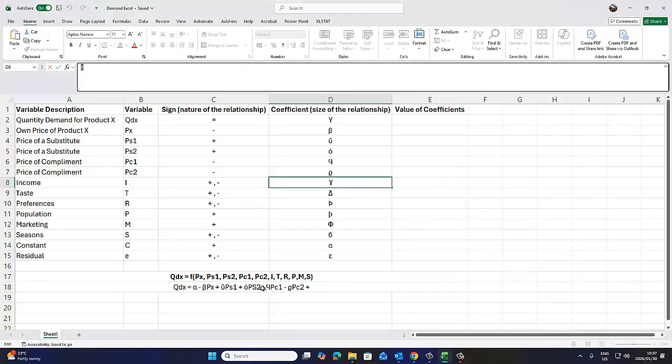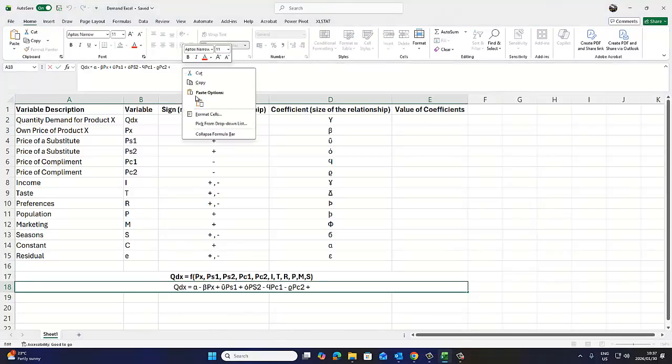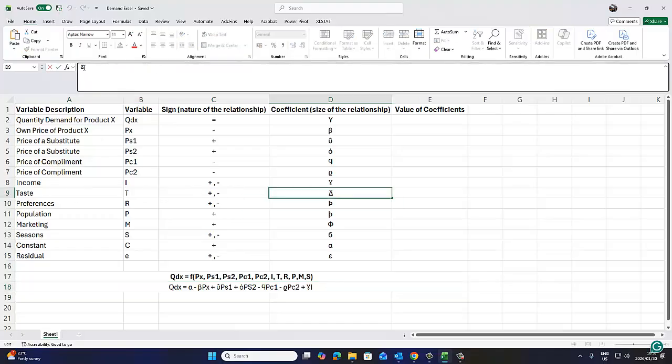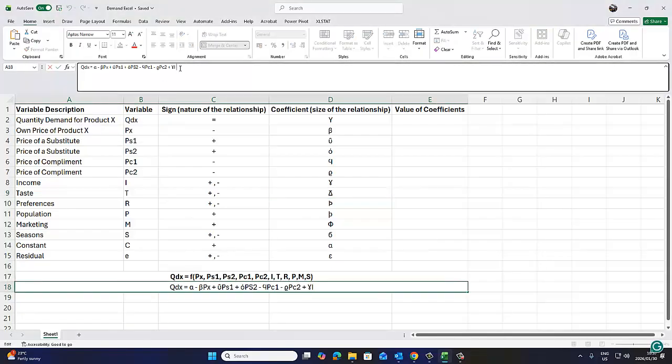So the sign is plus income. Then we're going to assume its taste is positive. Ice cream, for example. We're going to have a taste for ice cream, and it is T. And we're going to have preferences, let's say minus.